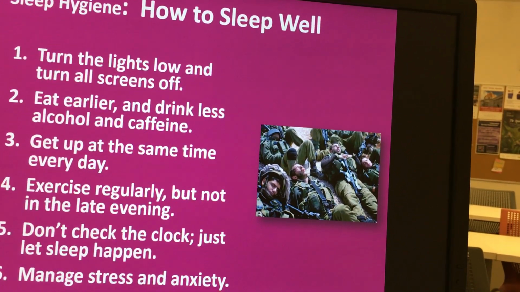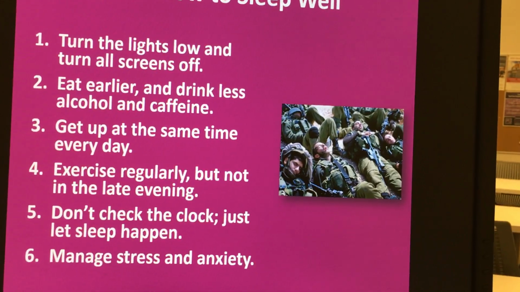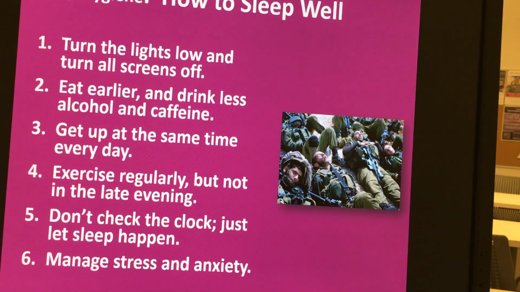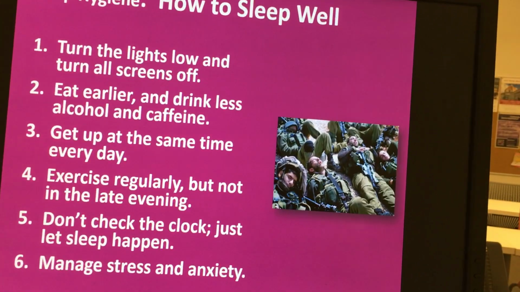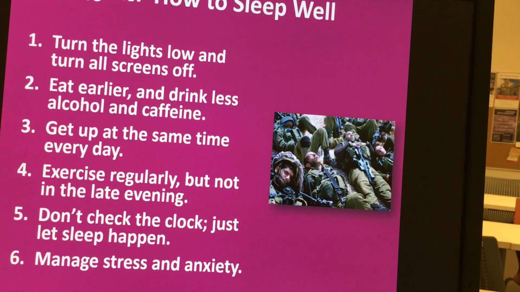And we want melatonin to be high when we go to sleep, because melatonin helps us go to sleep. So if you don't like to turn off your devices, you can turn on the feature that allows you to basically block out blue light, okay?